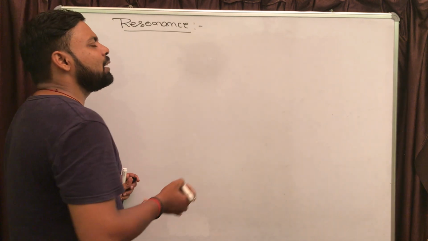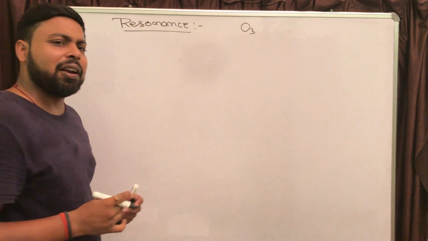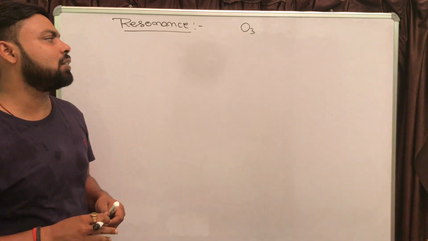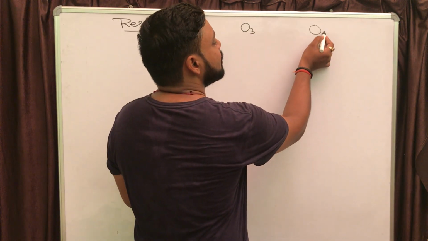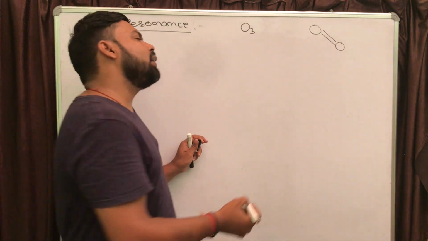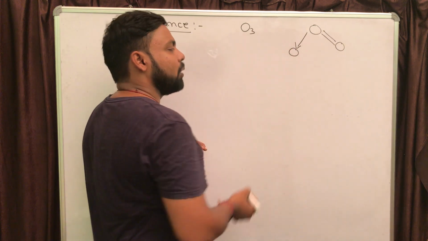Let's say I have a molecule of ozone, O3, and if it is asked to draw the Lewis structure of ozone, what is the Lewis structure? There is one oxygen double bond, and there is one oxygen coordinate bond, right?